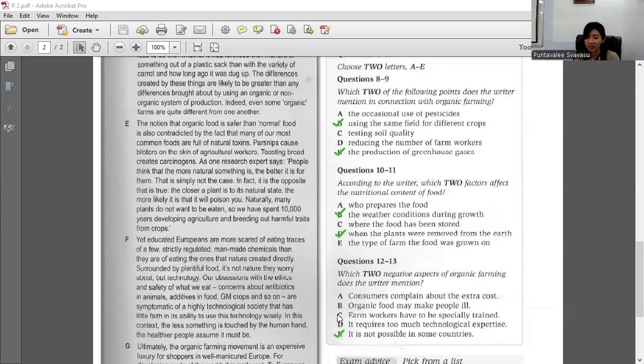It's not just that you choose the one that you find in the text, because most of them you would find in the text anyway. Okay, and this is the answer for number 8 to number 13.